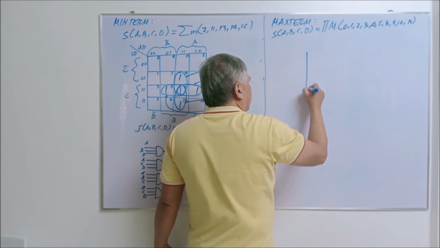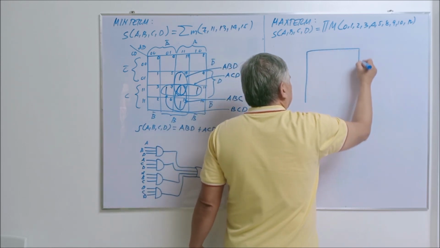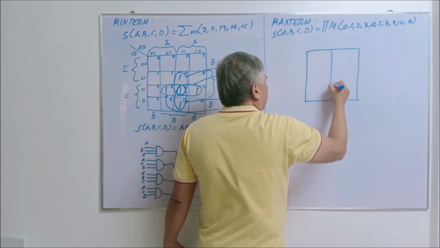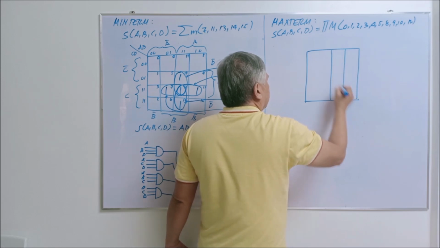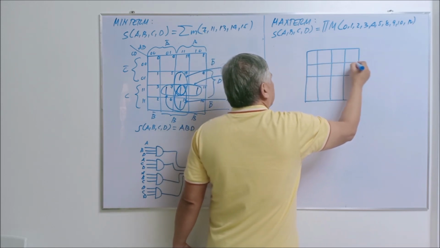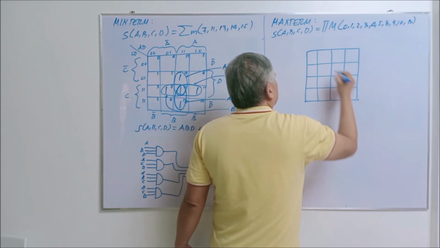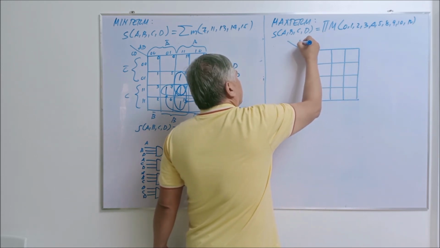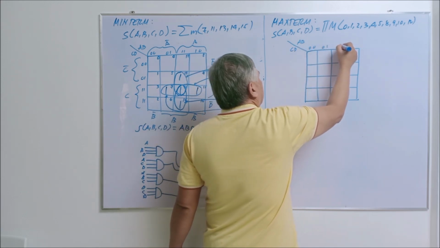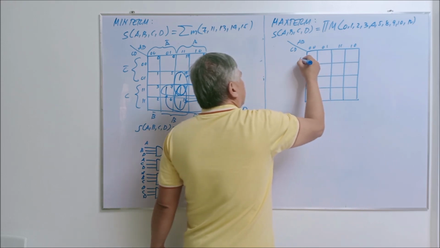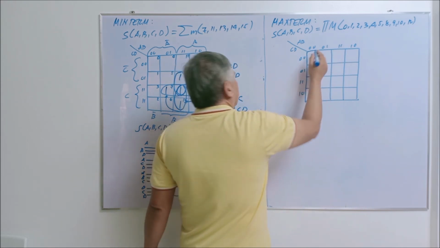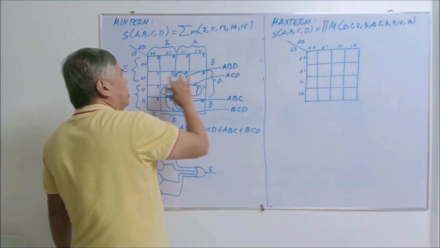So we draw again a map with 16 cells. A, B, C, D, 0, 0, 0, 1, 1, 1, 1, 0, 0, 0, 0, 1, 1, 1, 1, 0. Again, the same locations of the numberings.